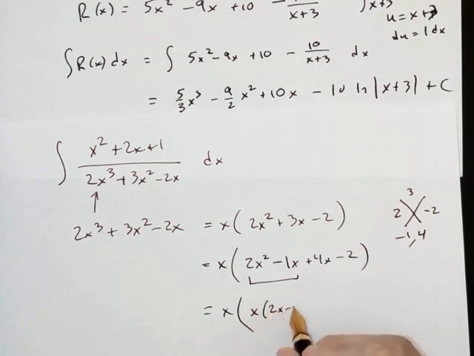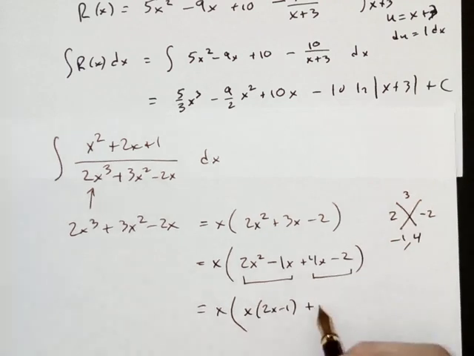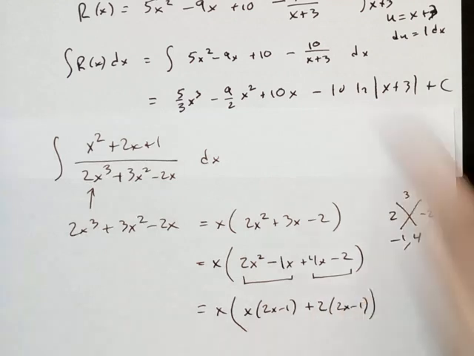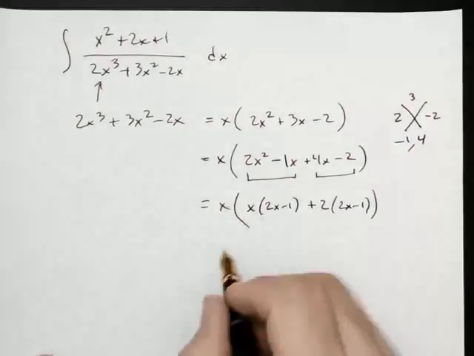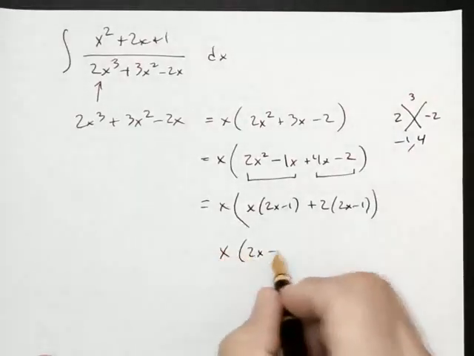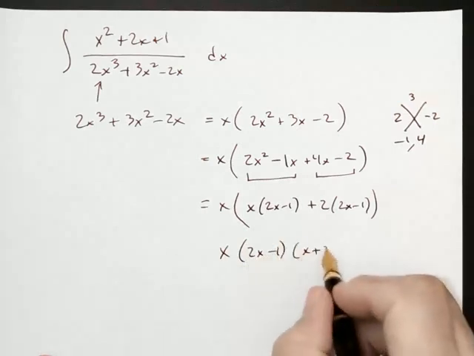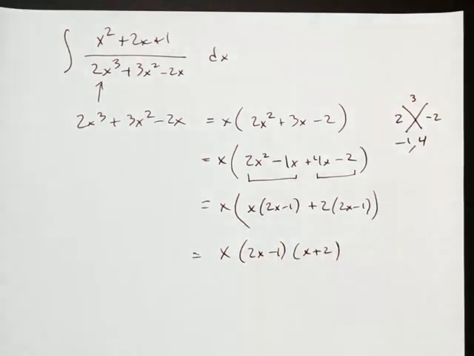If I pull that x out, I'm going to leave a 2x minus 1. Can you pull something out to leave 2x minus 1? If I pull out a 2, I've left 2x minus 1. So now we take the 2x minus 1's and pull those out. And we factored.